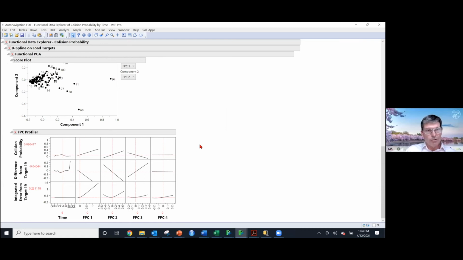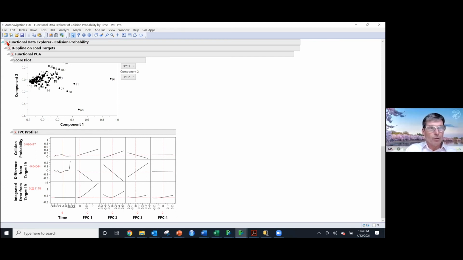And for those familiar with JMP, you can do all sorts of important optimization here and figure out, well, how can I minimize probability at time t equals 6 in the principal component space? Again, to me, that's maybe in the black box world, but I want to know, what does it mean in the real world?